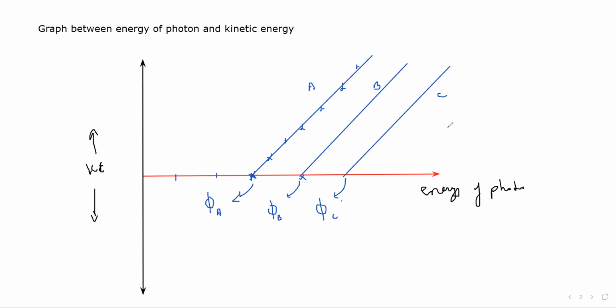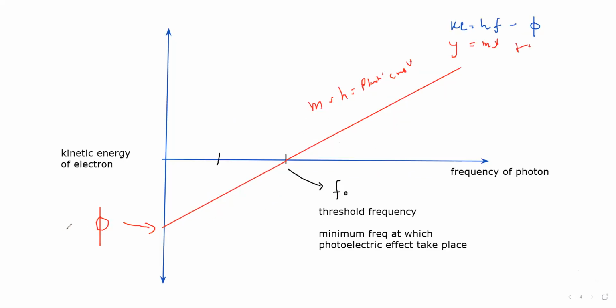But that graph does not give other quantities. The frequency graph is more useful, as the negative y-intercept is equal to the work function and the gradient is equal to Planck's constant. Is the concept of the photoelectric effect clear? So these graphs are important, and also the idea of how the particle nature is able to explain the photoelectric effect, while the wave nature is not able to explain this effect.